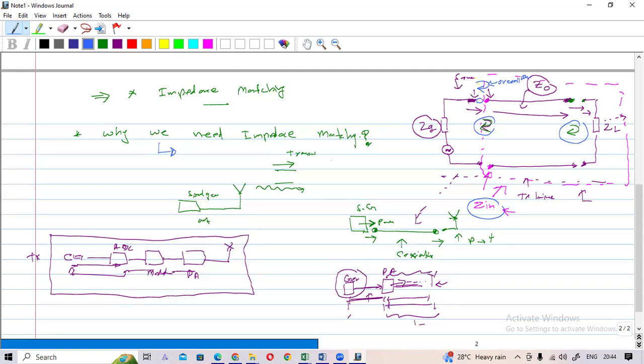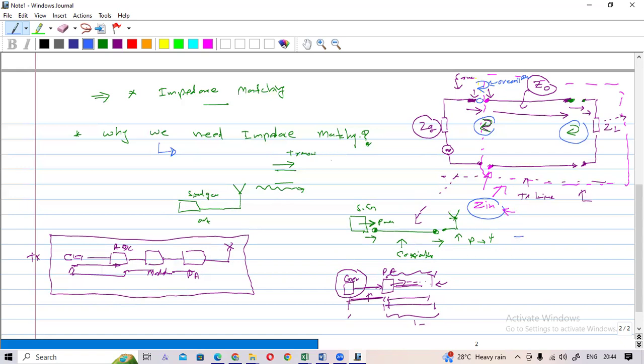When a signal is transferred from one circuit to another circuit, if the impedances of those two circuits are not the same, some part of the signal will be reflected. That is what we refer to as reflection.